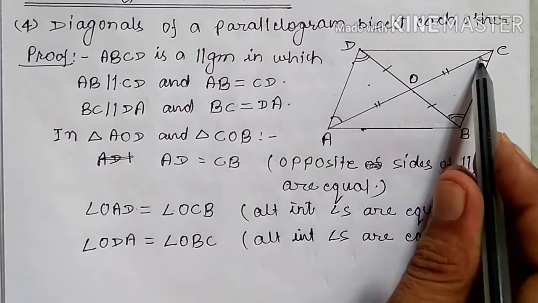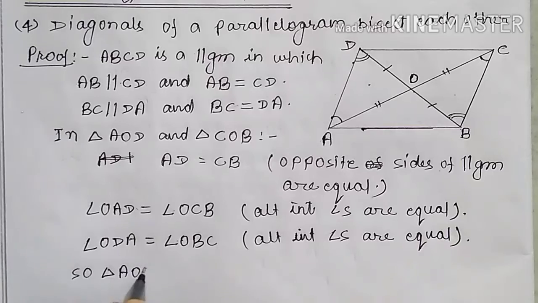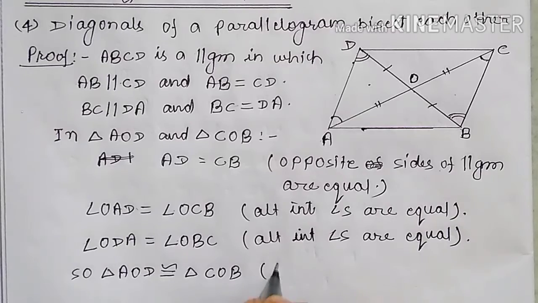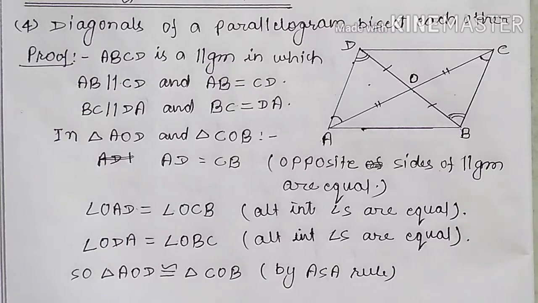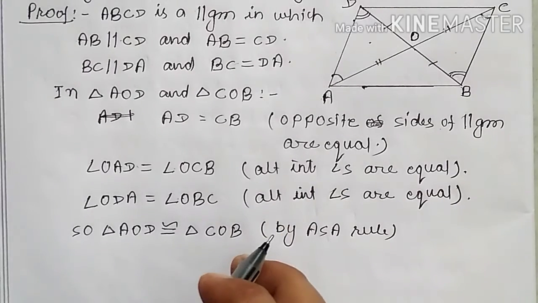So we can say here, triangle AOD is congruent to triangle COB by the angle side angle rule, and the corresponding parts of congruent triangles are equal.